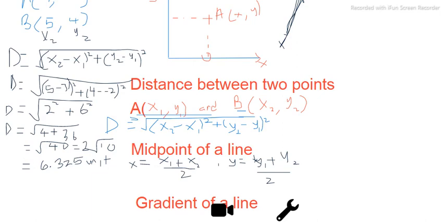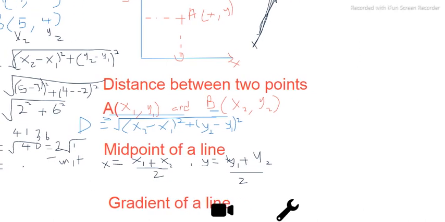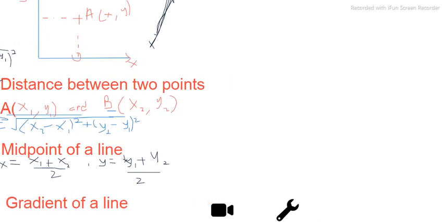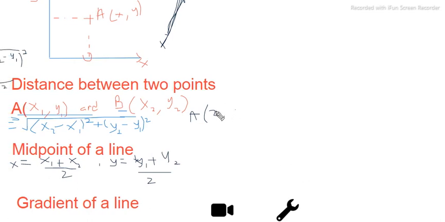So for the question we just solved, we can also calculate the midpoint. We have A to be 3 comma minus 2, and we have B to be 5 comma 4.